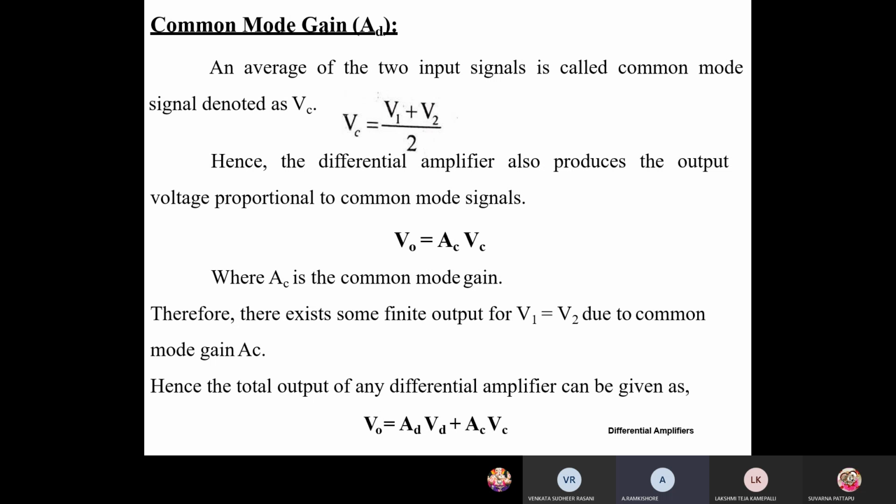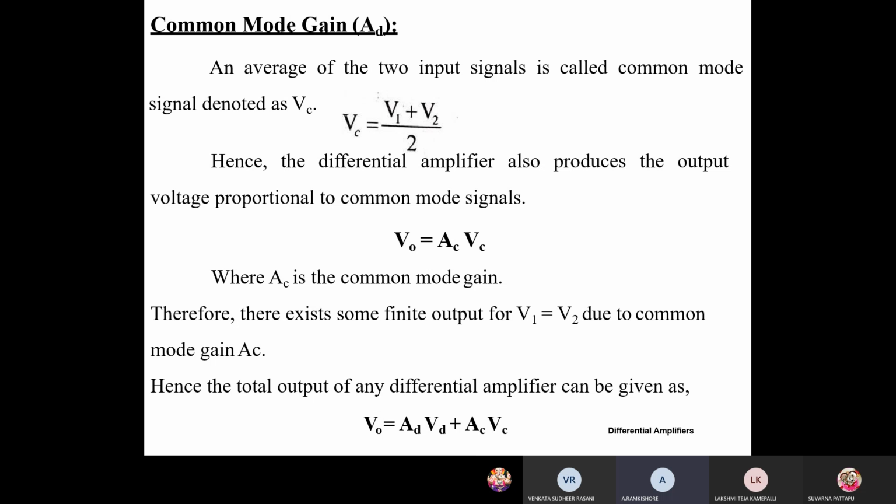That means in the common mode we can consider the average of the inputs, that is, the average of the two input signals is called the common mode signal. That will be denoted as Vc. So this common mode voltage is nothing but the average voltage of the inputs, that is V1 plus V2 by 2.